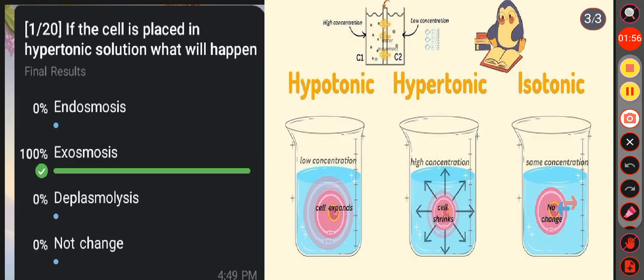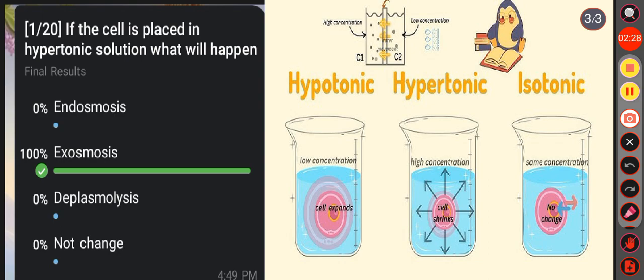Suppose in this beaker the green color is the first solution. Okay, and inside the cell the solution is the second. We know we always compare between two different solutions. So here the green color solution has less solute and high solvent, but inside the cell the solute concentration is high and solvent concentration is lower than outside of the cell.